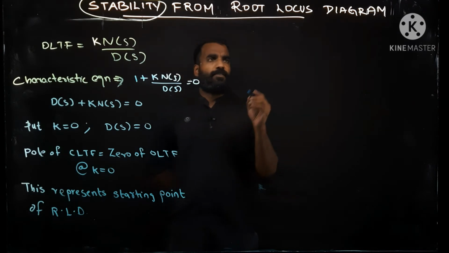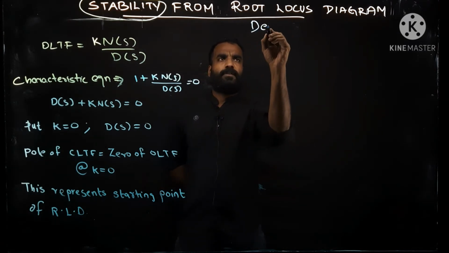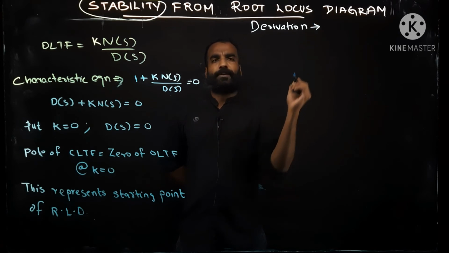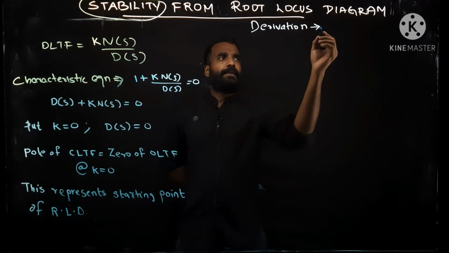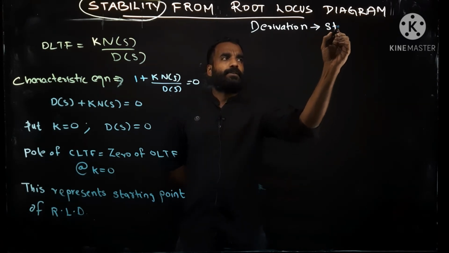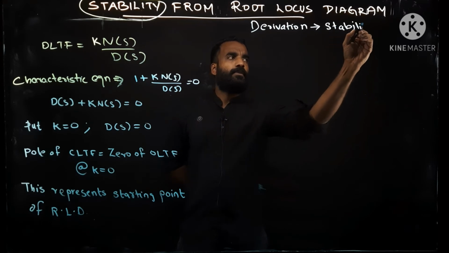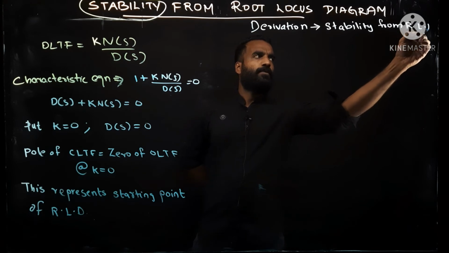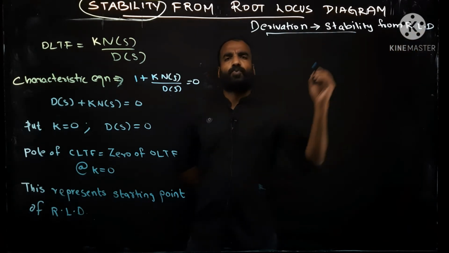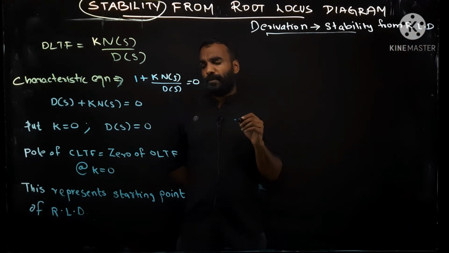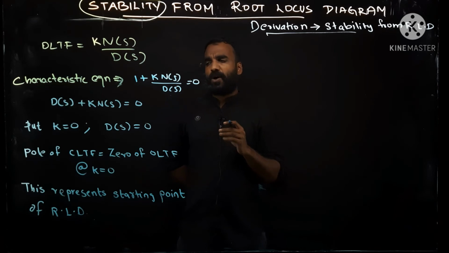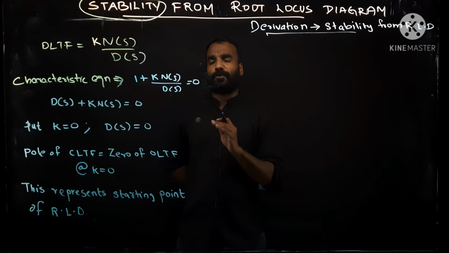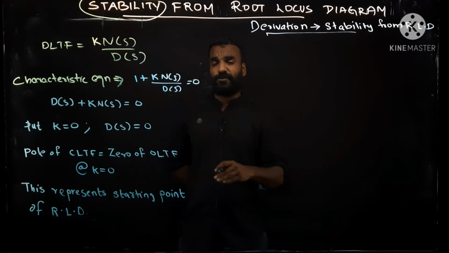So this is the derivation for showing the stability condition, stability from root locus diagram, or it is just trying to prove poles of a open loop transfer function is nothing but pole of closed loop transfer function when k is equal to 0.